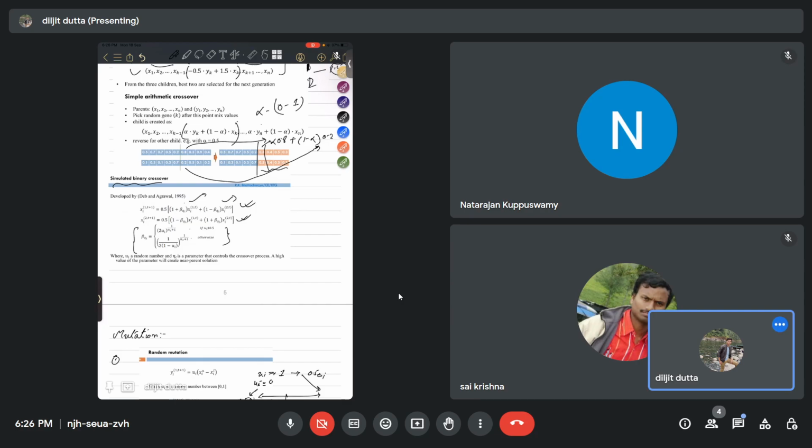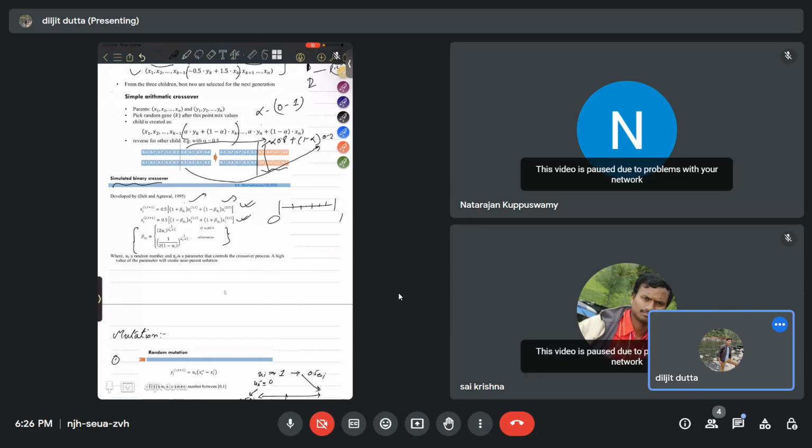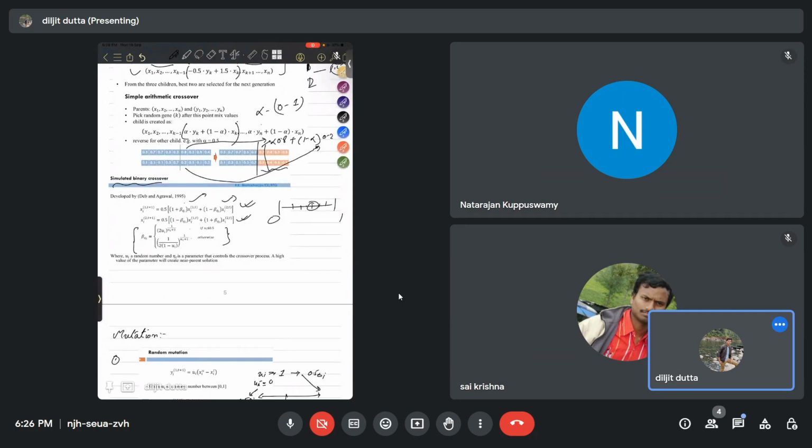The thing is that one method of generating a random number in code is, suppose you take one value from 0 to 1, which we randomly pick. How do we pick it? We can pick it using a uniform distribution. A uniform distribution is a distribution from 0 to 1 where the value is 1.